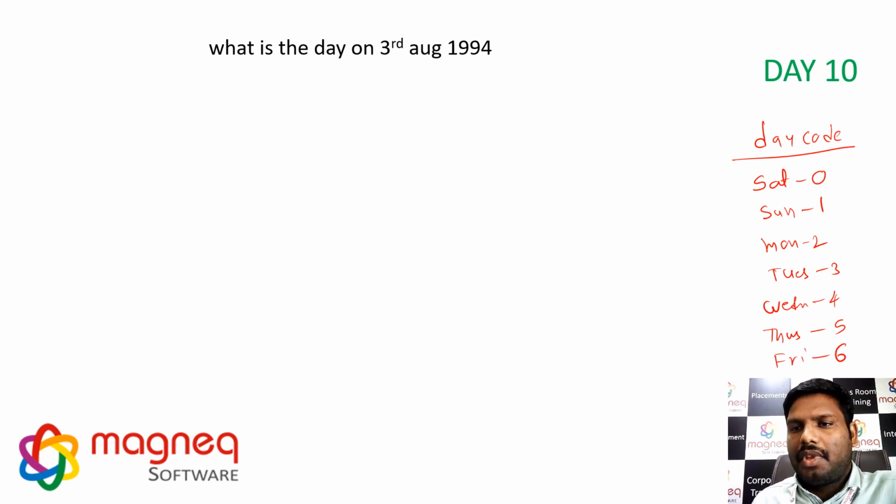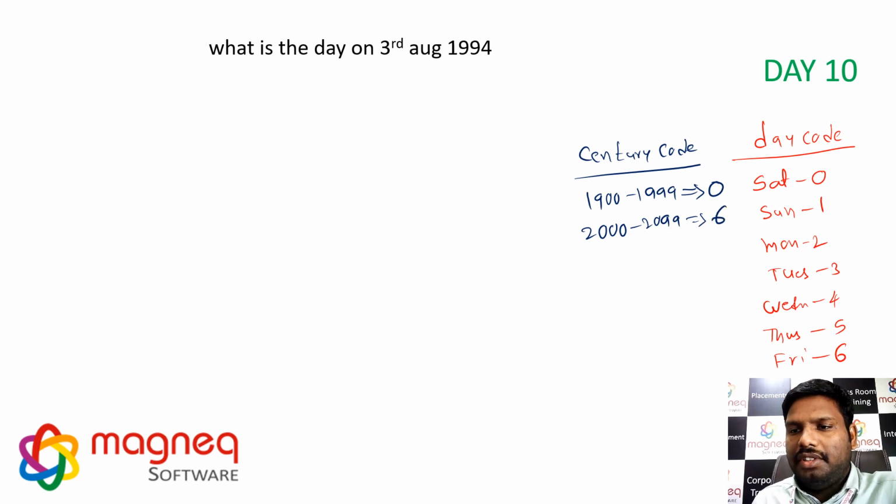Next, the century code. From 1900 to 1999, century code 0. 2000 to 2099, century code 6. Next, very, very important, the month code.